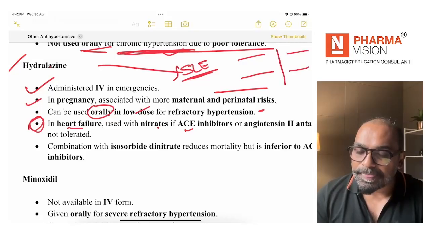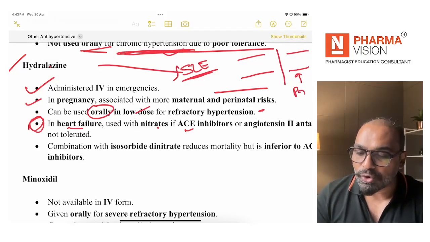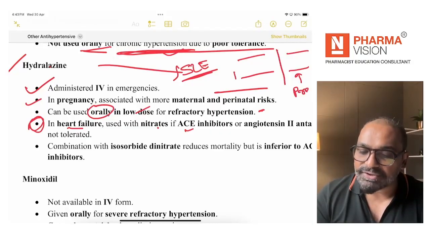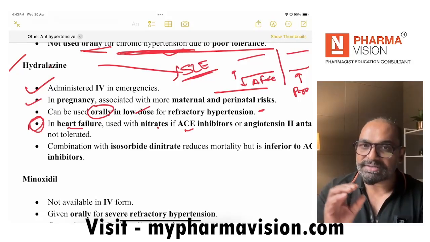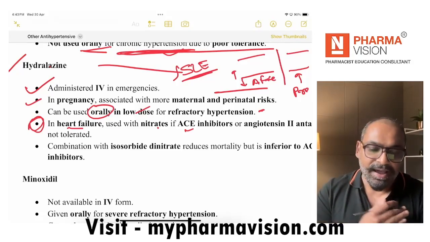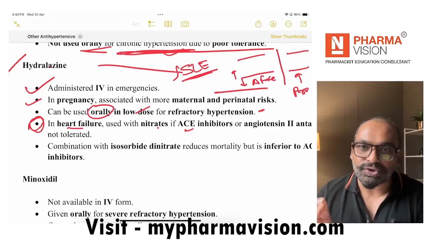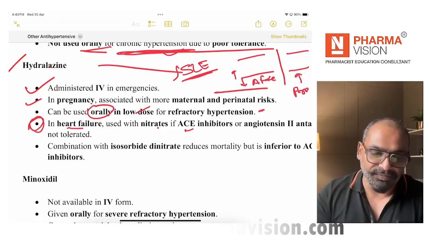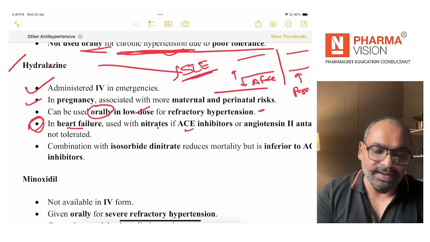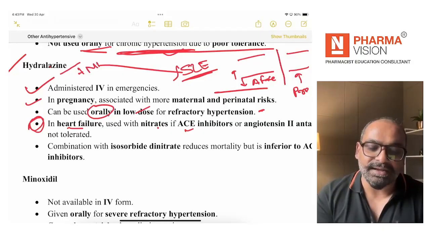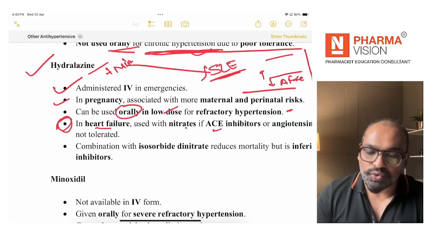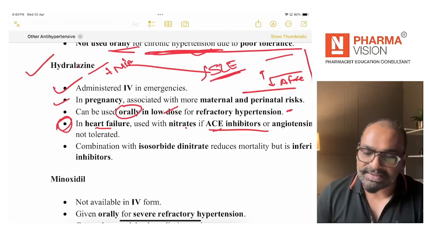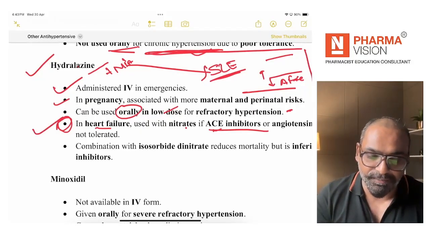Vein dilation reduces preload and artery dilation reduces afterload. So afterload and preload reduction significantly protects the heart, and that's why heart failure patients can get benefits from this combination. So hydralazine with nitrates is used for patients who are unable to take ACE inhibitors or ARBs. This is very important to understand.